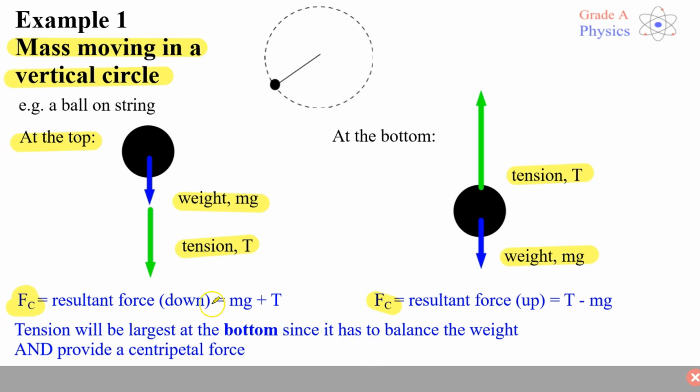Either they combine together, or it's T minus mg at the bottom. So we can see that at the bottom, because the tension has got to overcome the weight and still provide a resultant force, the tension is going to be largest at the bottom of this vertical circle because it's got these two jobs to do.